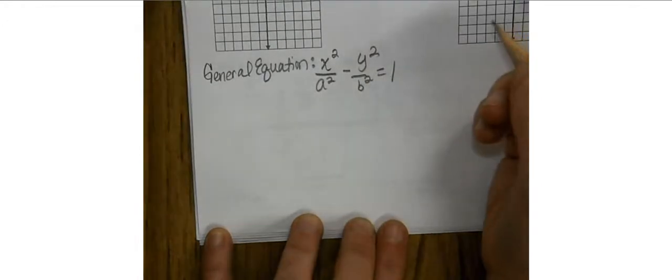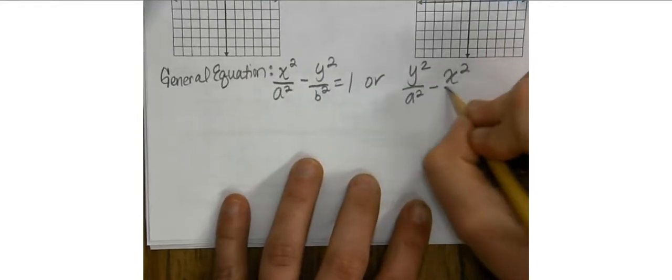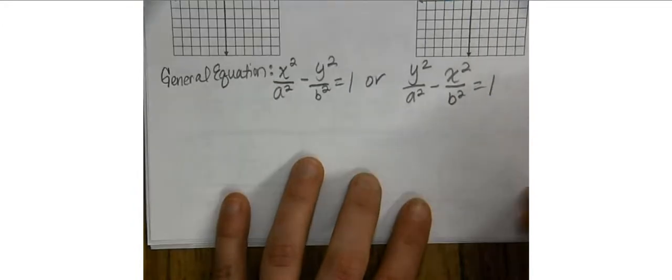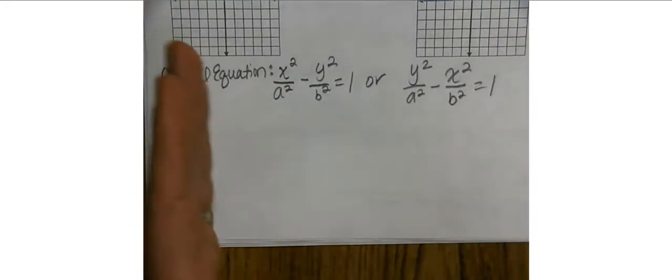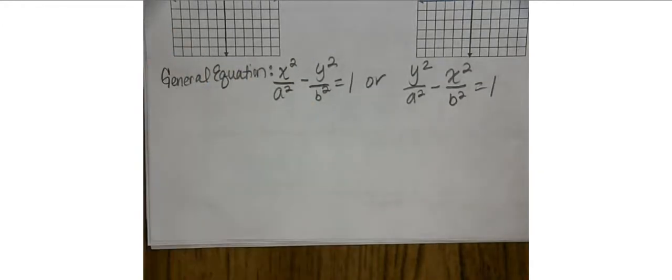It's going to be x squared over a squared minus y squared over b squared equals 1. Or it's going to be y squared over a squared minus x squared over b squared equals 1. So there are two different equations, and both of these equations will produce different looking graphs.